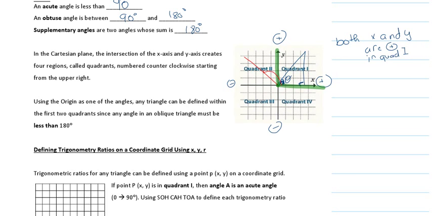So, looking at this angle right here, is it greater than 90 or less than 90? Greater than 90, right? Because the 90 is the green line. So it is greater than 90 if you're looking from the x-axis to that terminal arm. Are we okay with that?